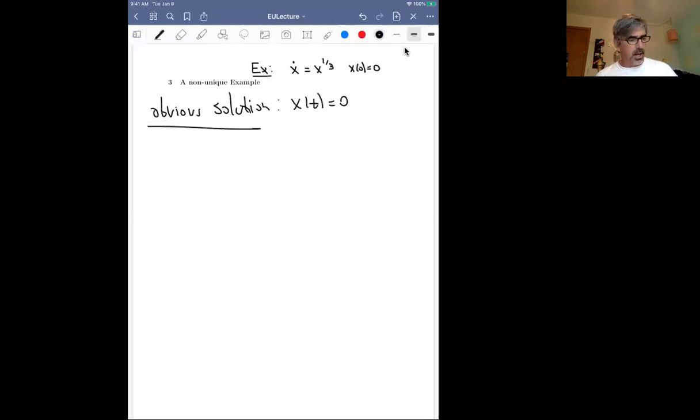If I take the derivative of that, I get 0. If I raise 0 to the 1/3 power, I get 0. So it satisfies the differential equation. It also satisfies the initial condition, because if I let t be 0, x is 0, since x is 0 for all values of t. So that's the obvious solution. But I claim it's not the only solution. Here's another solution.